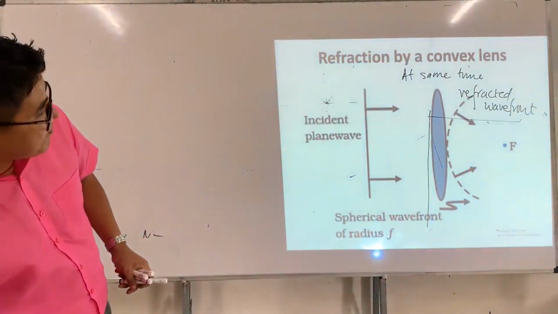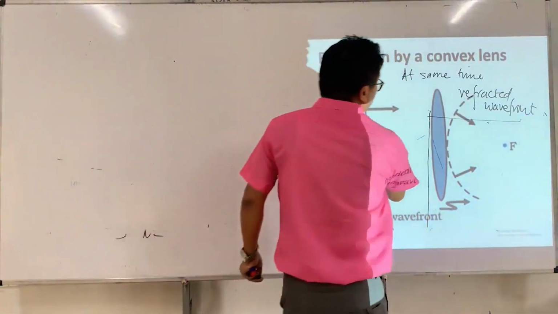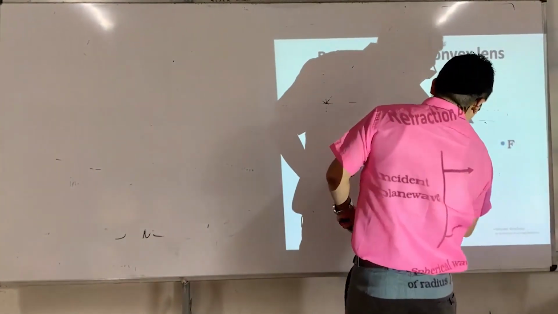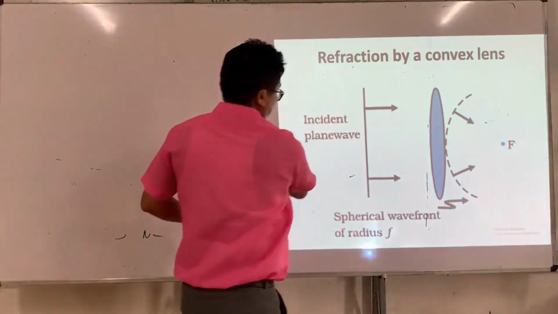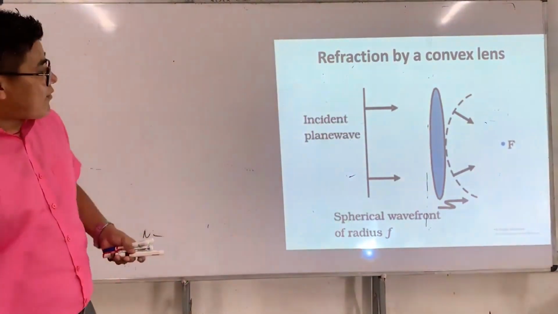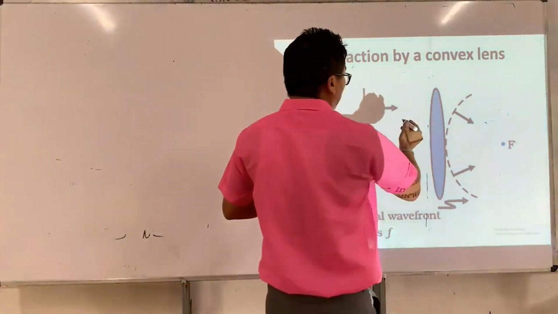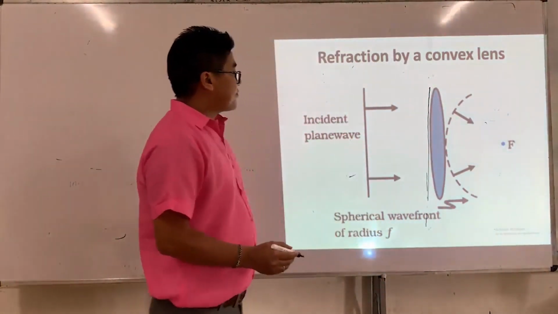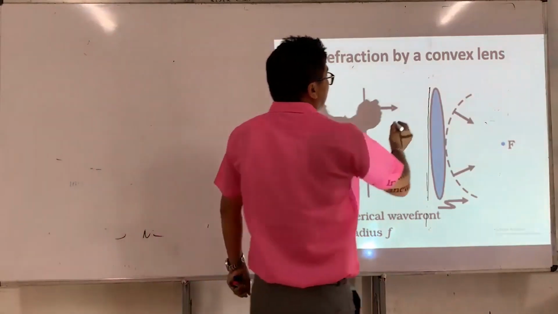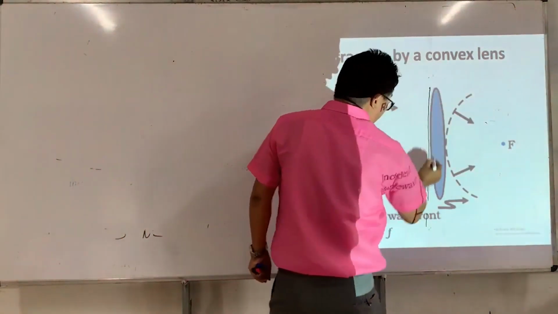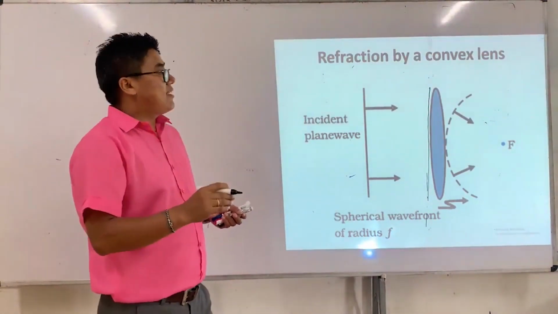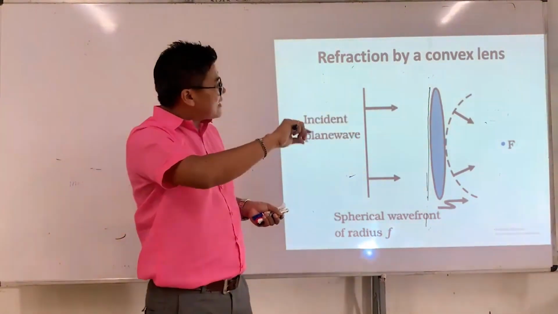This is a convex lens. Again, this is the incident plane waveforms. Again I'll draw a plane waveform here. Look at here, these portions travel a lesser distance in the glass.